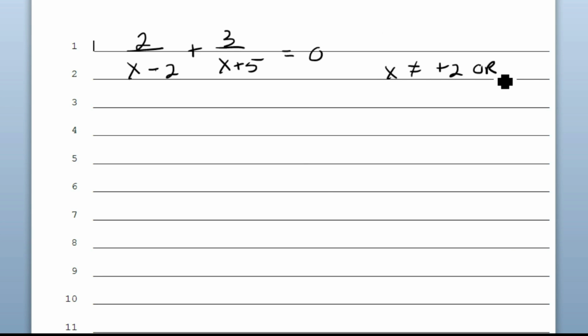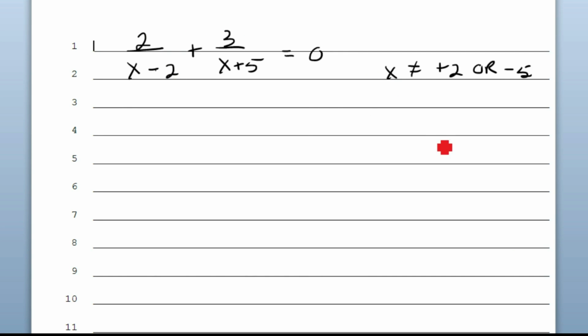We can do a couple more of these. Suppose we had 2 over x minus 2 plus 3 over x plus 5 equals 0. Right away again, x cannot equal plus 2 or minus 5, because that would make the denominators in either fraction, one or the other, a 0, and that is undefined and not allowed.